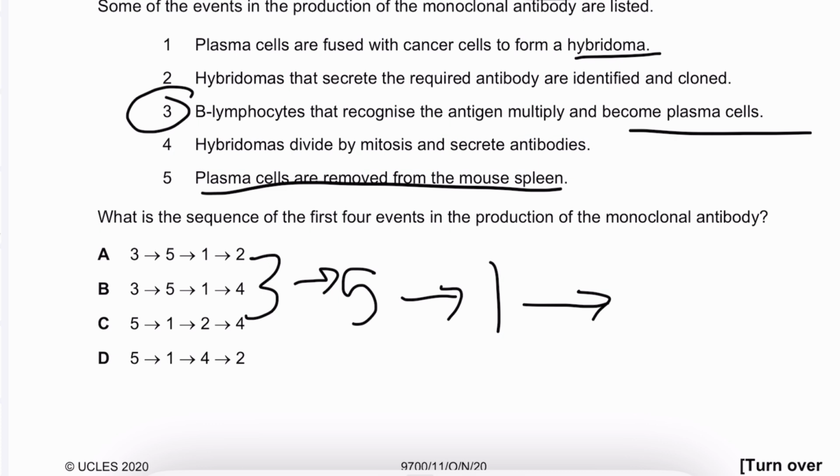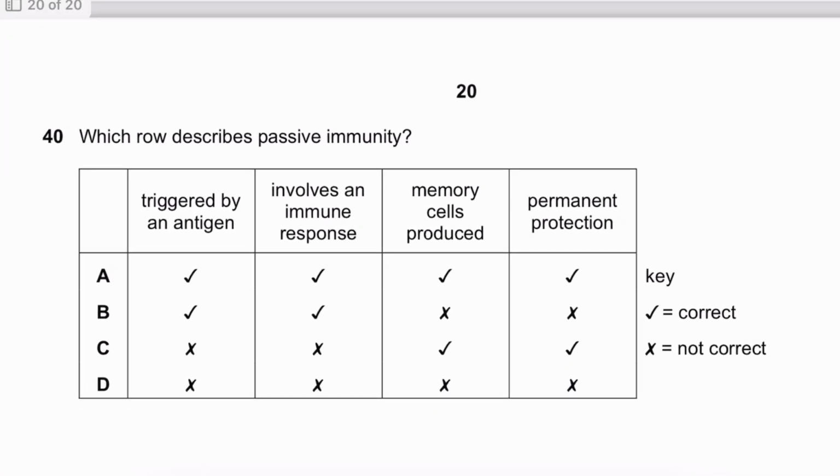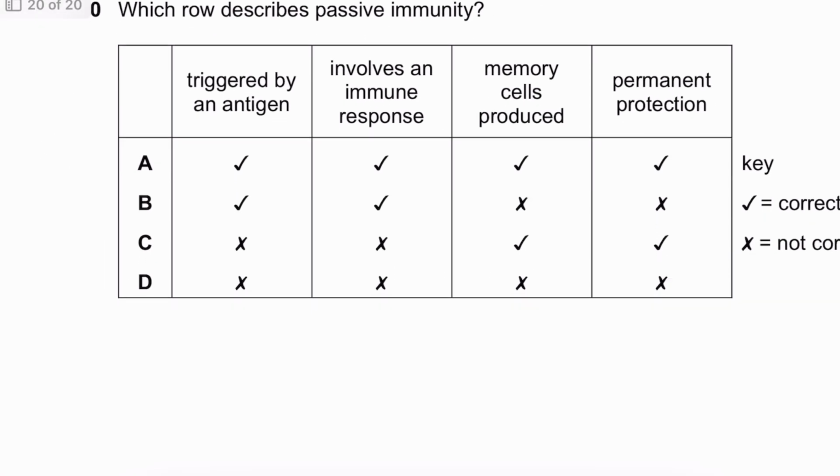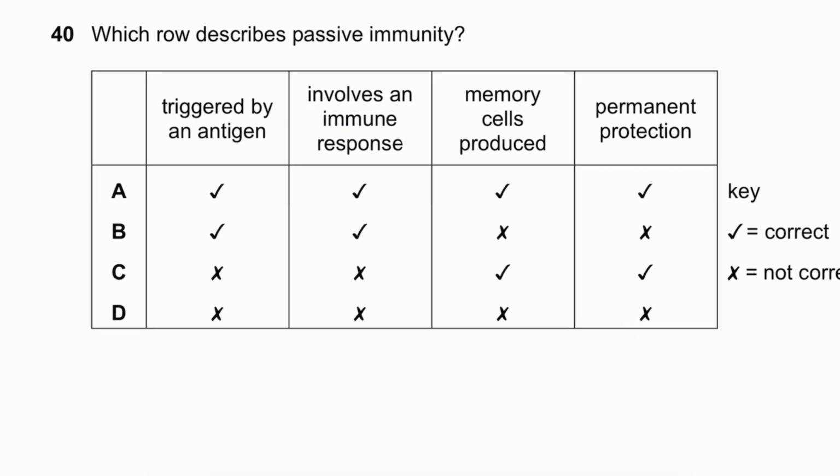Now, we've got the hybridomas. The hybridomas divide and secrete antibodies, and then the secreted antibodies that we require are identified and cloned. It doesn't go to the end, so it's just 3, 5, 1, 4. That's B.